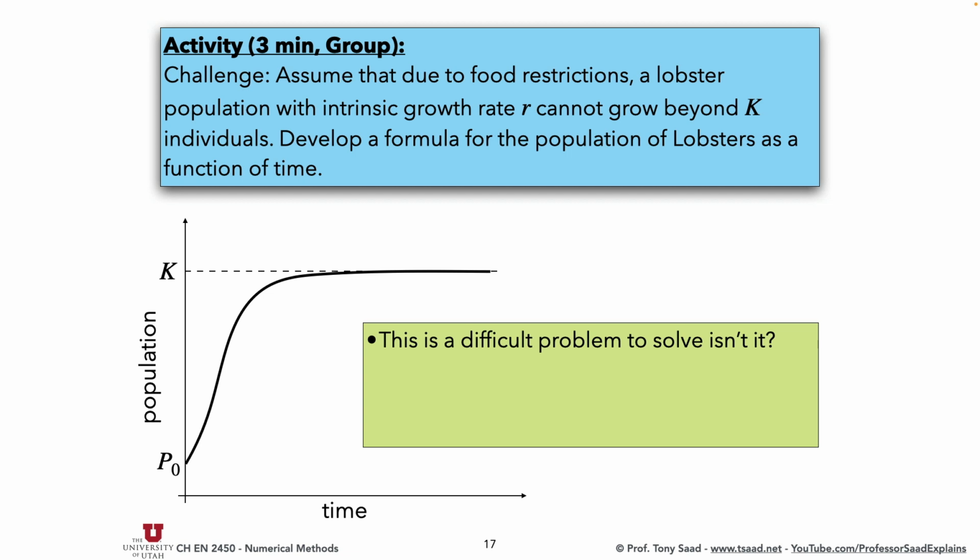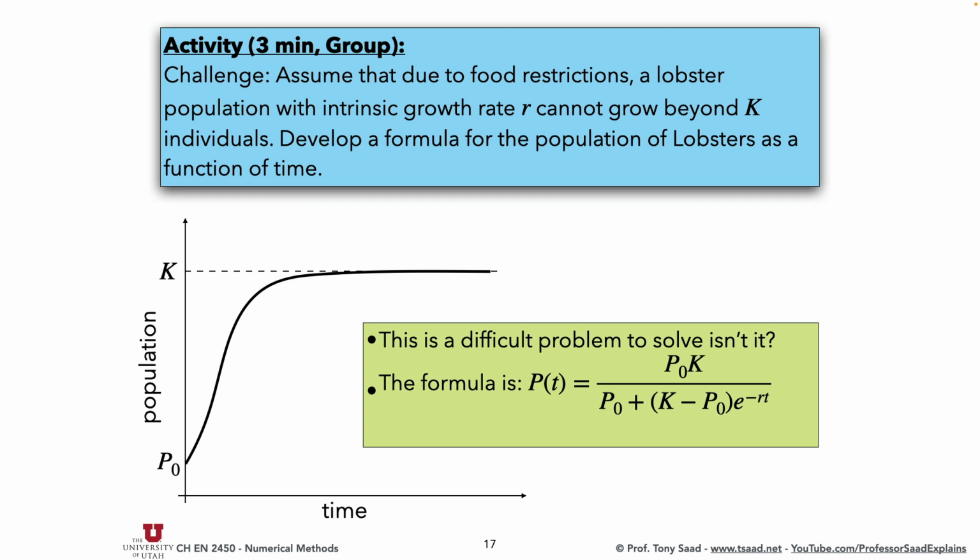You could try to say, okay, I'm going to multiply it by something that is exponential and then decays to k. Good luck, but it's not going to be an exact representation of the real system. The actual formula is this: P0 k over P0 plus (k minus P0) e to the minus rt. There's no way you'd have figured that out, right? No way, you can't figure that out.